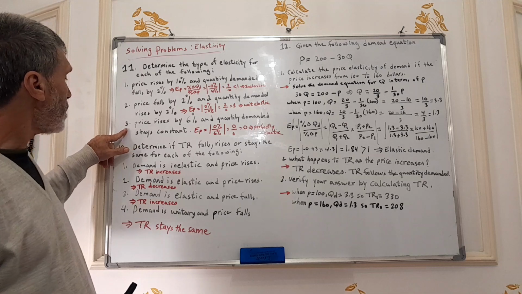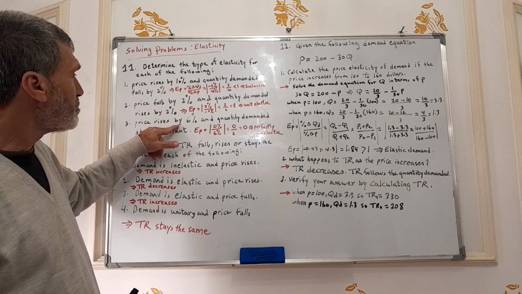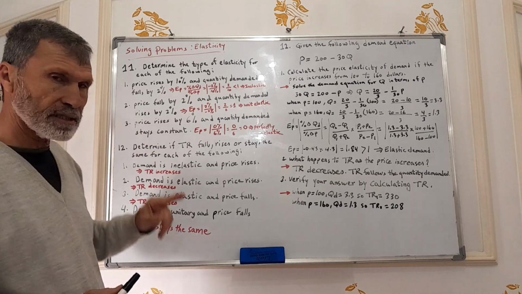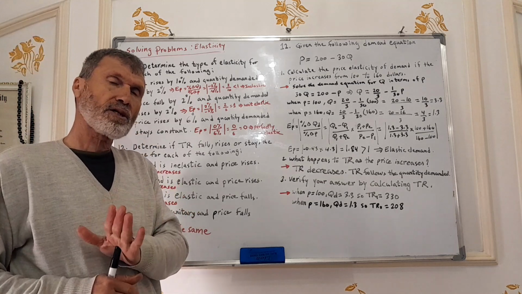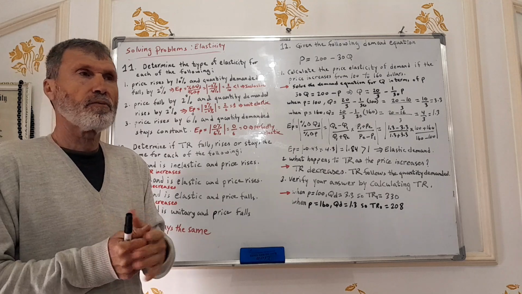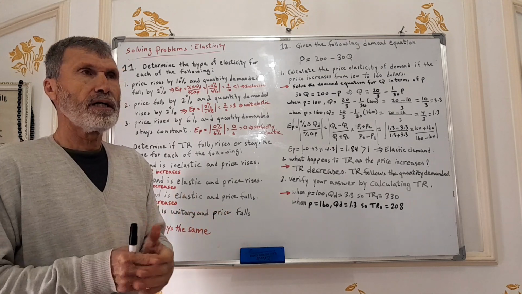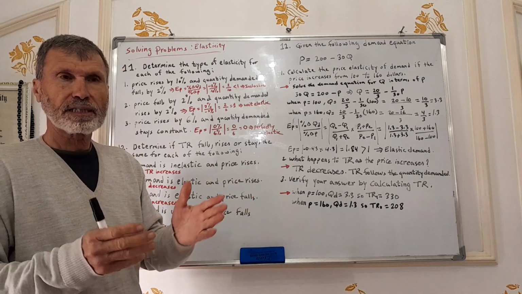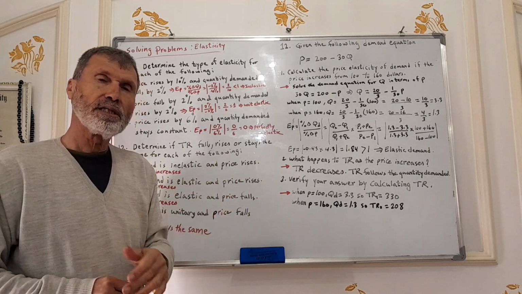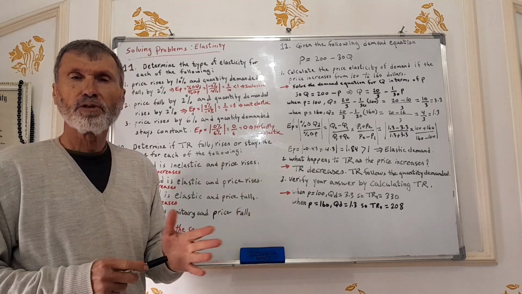Now what about 3? 3 says price rises by 6% and the quantity demanded stays constant. So quantity demanded stays constant, it's 6 or 7 or 8, it's constant. So when you take the percentage change, you come up with 0.